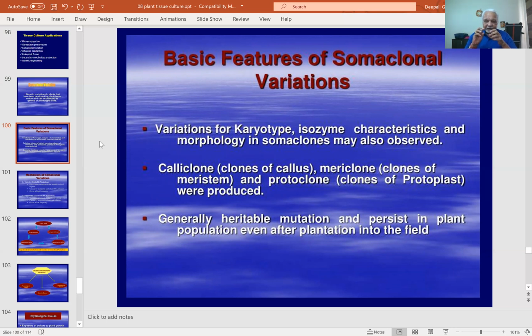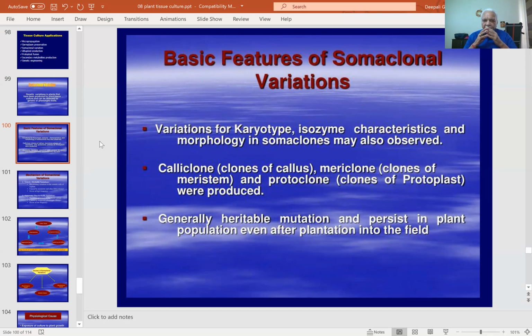So the genetic variability can exist in callus clones, meristem clones, or clones of protoplast. A clone is a group of cells, you know.